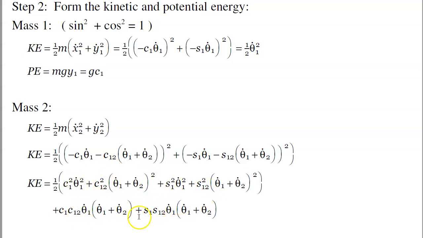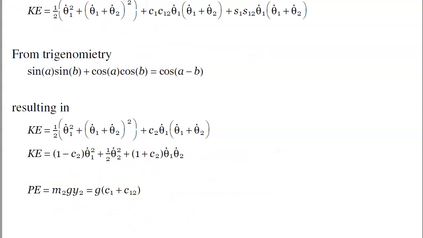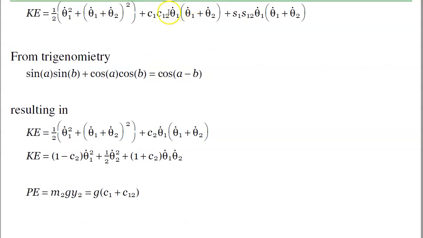And these two, I can use the trig identity: sine A sine B plus cosine A cosine B is cosine of A minus B. And that's this term right here. So that's going to be cosine of theta 1 plus theta 2 minus theta 1, which gives you just cosine theta 2. So all that simplifies to the kinetic energy of the second mass, which is here.